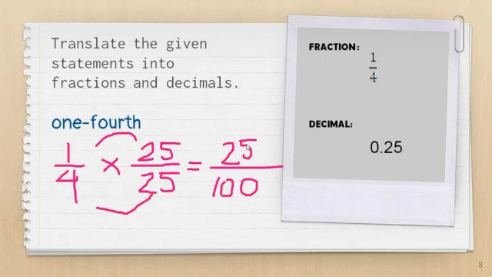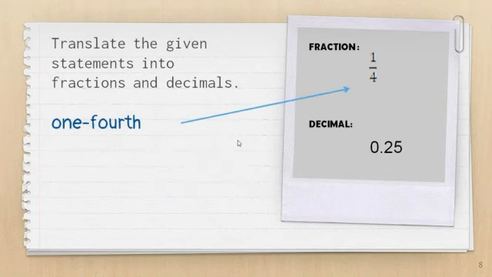So, ibig sabihin, I have 25 over 100. So, sa decimal, that's 0.25 or 25 hundredths. O, diba? Pwede din siya. So, depende sa inyo kung ano yung mas madali para sa inyo. So, in fraction, we have 1/4. At sa decimal, we have 25 hundredths.